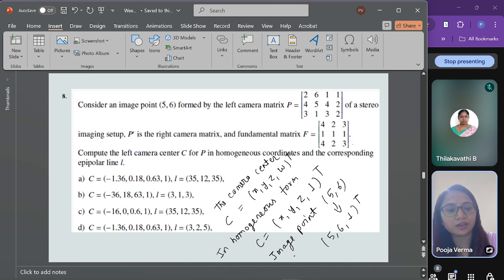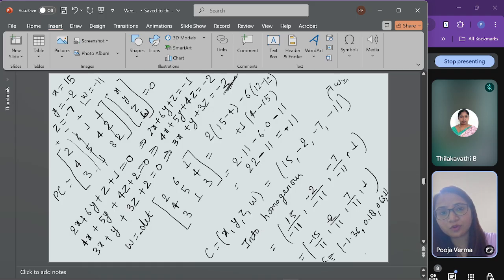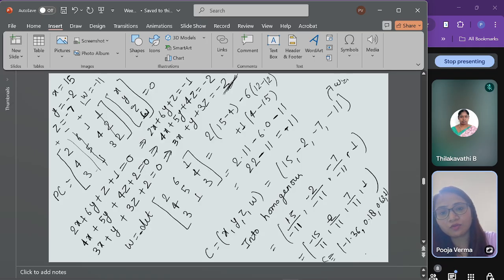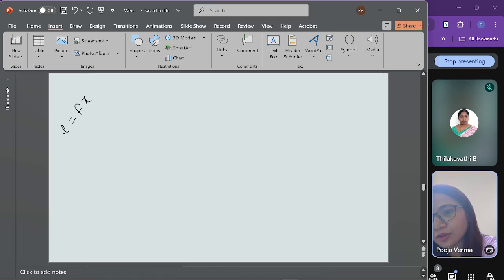We have converted it into the homogeneous form. The F matrix is given already, the fundamental matrix. Now we can use this formula F into X to calculate the epipolar line L.